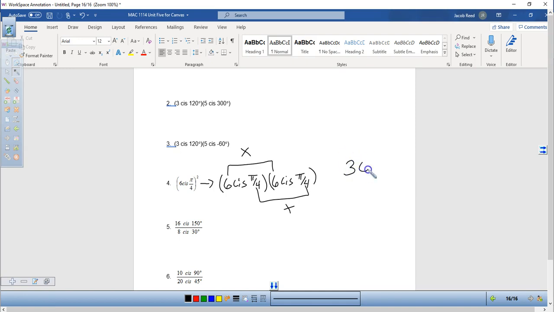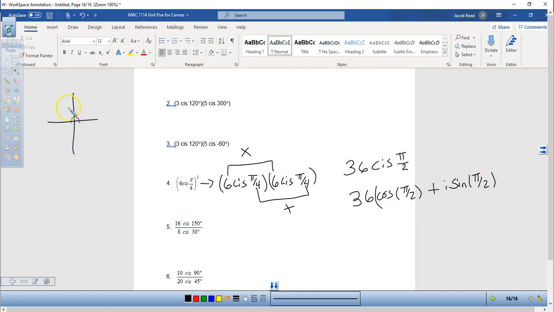So we've got 36 cosine plus i sine. Well, pi/4 plus pi/4 is 2 pi/4. And when we simplify that, that's pi/2. So I need to do 36 cosine pi/2 plus i sine pi/2.